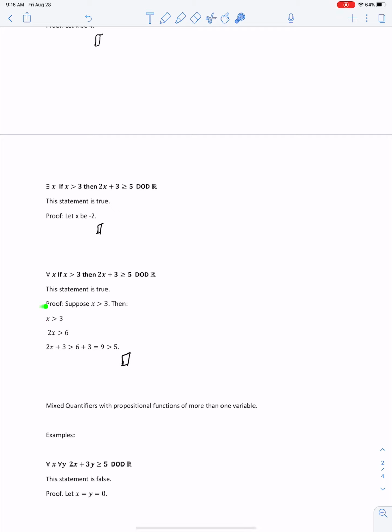If x is greater than 3, then multiplying both sides by 2, 2x is greater than 6. And adding 3 to both sides says 2x plus 3 is greater than 9, but I know 9 is greater than 5. So I've just shown 2x plus 3 is greater than 5, and that has shown that this statement is always true. Hence, I am done, and in fact, I'm done with this video.